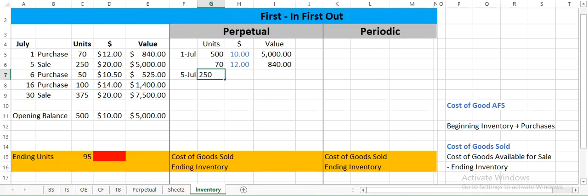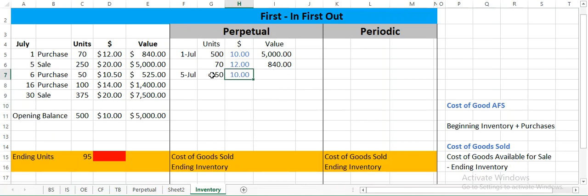Let's put this as a minus again. The cost is going to be, under the first in, first out method, the first cost that we incurred in this account, which is the $10 for 500 units. That means we assign $10 to the cost of these 250 units that were sold.